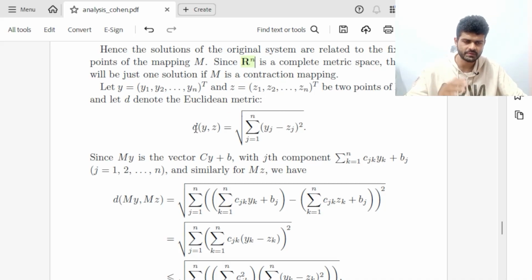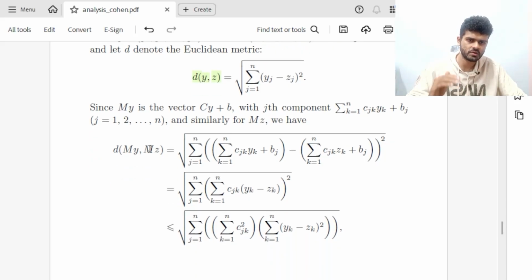The distance between y and z is the Euclidean metric that we all know how to calculate. Now, to show contraction, all you need to do is find the distance between My and Mz.